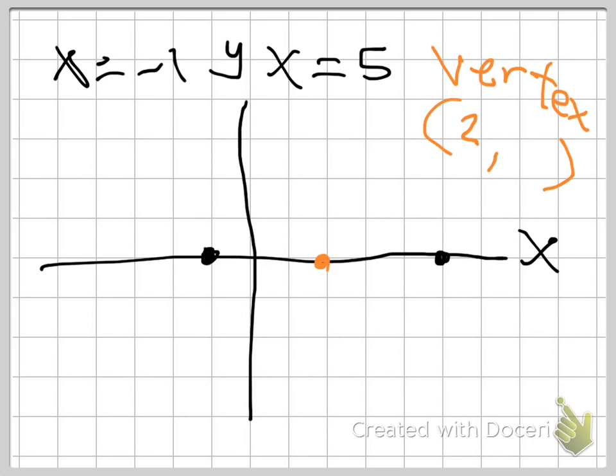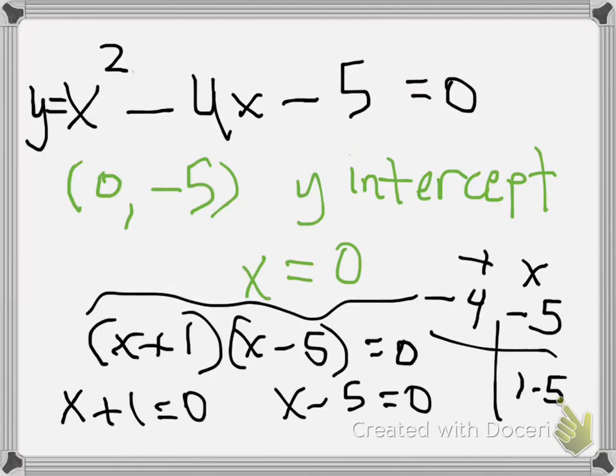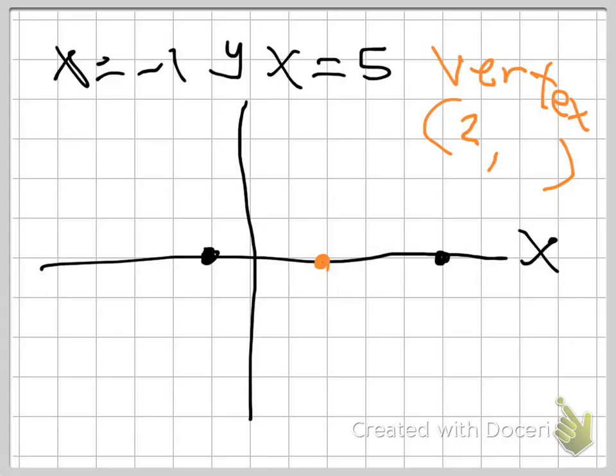So the way you find the y value is you plug that 2 into the original equation. So you go back to your original equation, which is y equals x squared minus 4x minus 5.